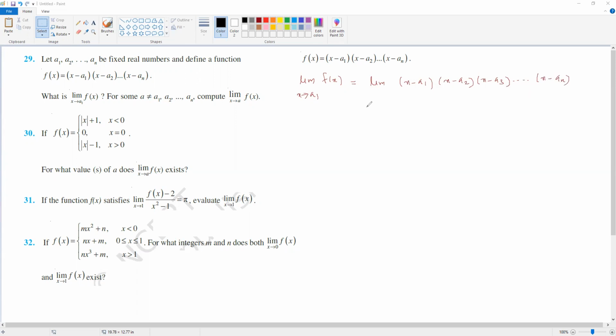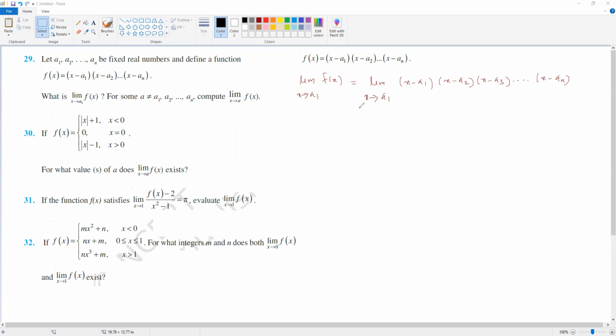It's an nth degree polynomial. You need the limit of that polynomial as x approaches a1. When x goes to a1, where will the function go? Sir, if we do direct substitution, 0 will come.